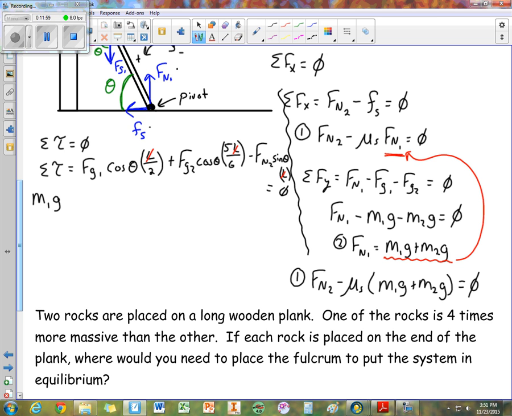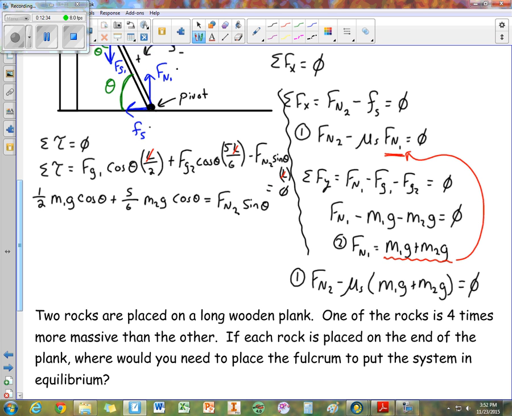Actually, let me rewrite that. 1/2 m1g times cosine, not sine, cosine of theta, plus 5/6 m2g cosine theta. And I'll go ahead and put equals Fn2 sine theta.